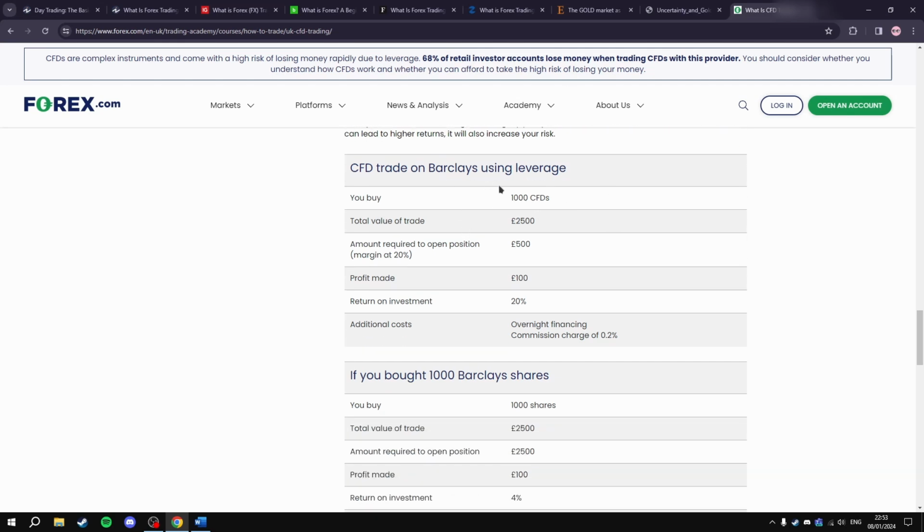CFD trade on Barclays using leverage. You buy 1,000 CFDs, total value of trade, amount required, margin at 20%, 500, profit made 100, return on investment at 20%, additional cost, overnight financing, commission charge of 0.2%.